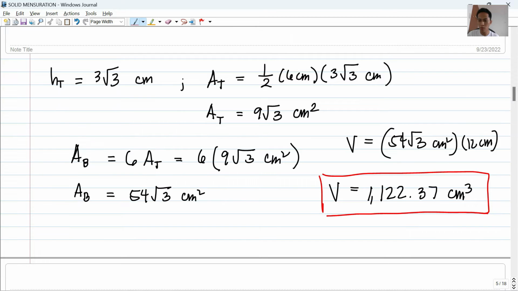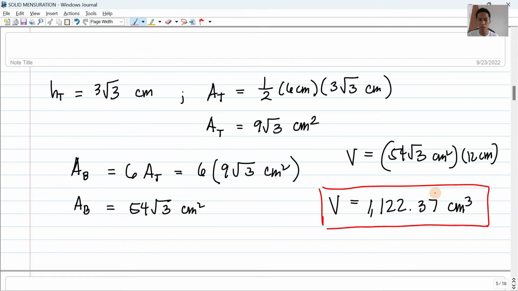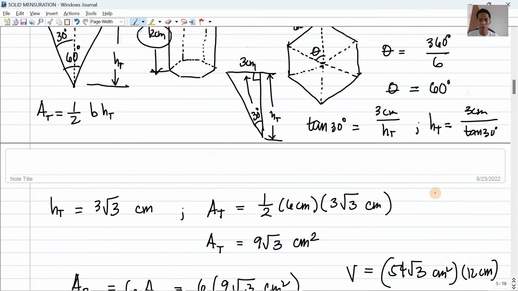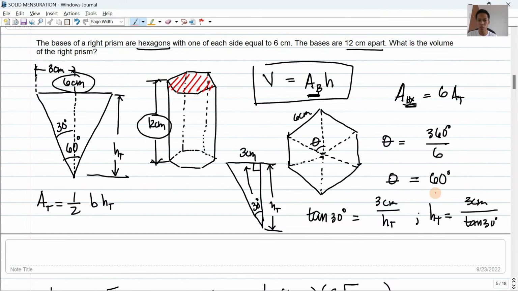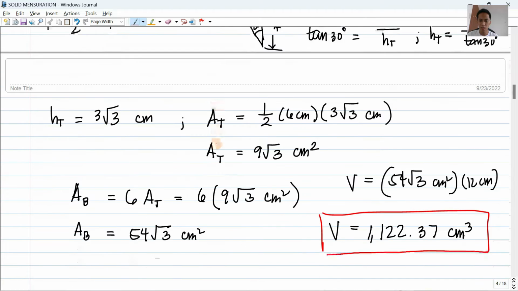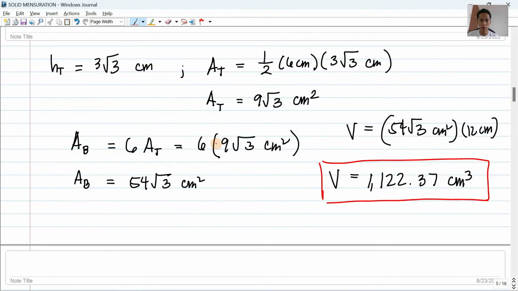Okay, so no need to memorize the formula for a polygon, a regular polygon. So, as long as you know the formula for a triangle, basically just bisect that. And then kung ilan yung sides niya, in this case 6, multiply mo lang sa 6 yung area ng triangle. You can actually get the full area. Okay? So, that is the answer for our first problem.